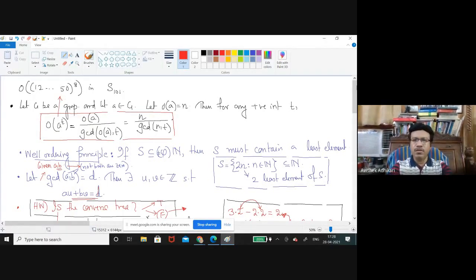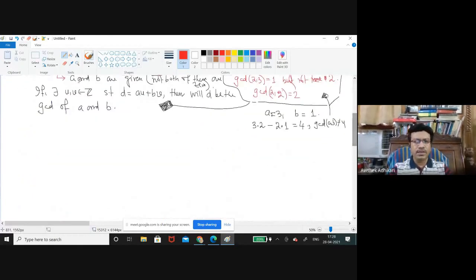Here the group is S101, and the element is the cycle (1 2 ... 50). Now if I ask you, what is the order of this element? 50. Very good. As I mentioned, if it is only a single cycle, then the length of the cycle would be the order of the element.